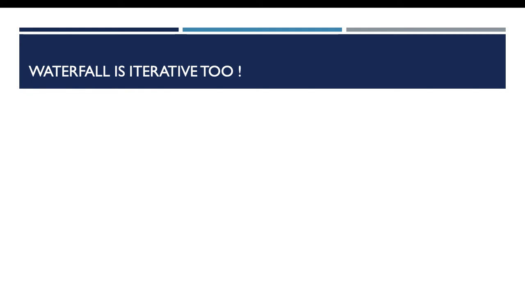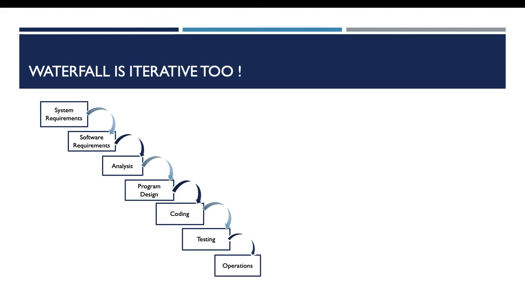Now, contrary to popular belief, the waterfall can be iterative. If we have to add some change, we can do it using 2 types of iteration. The first iteration may be confined to successive steps.